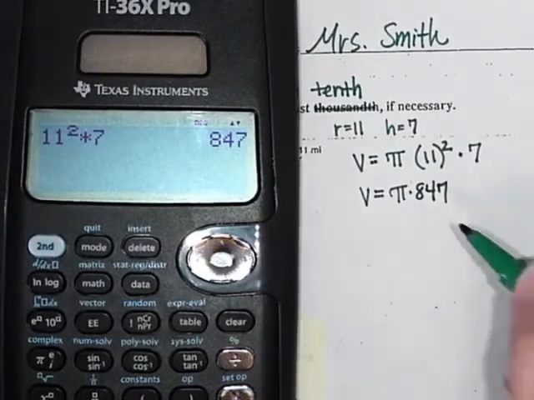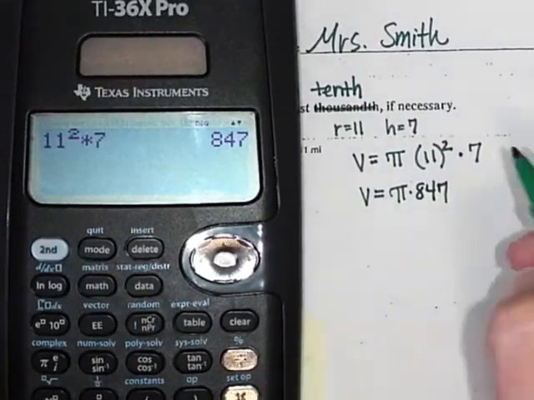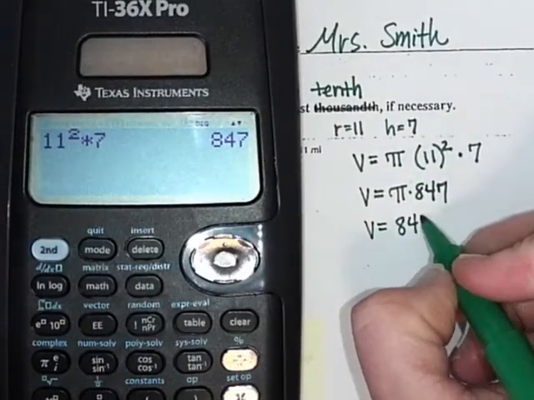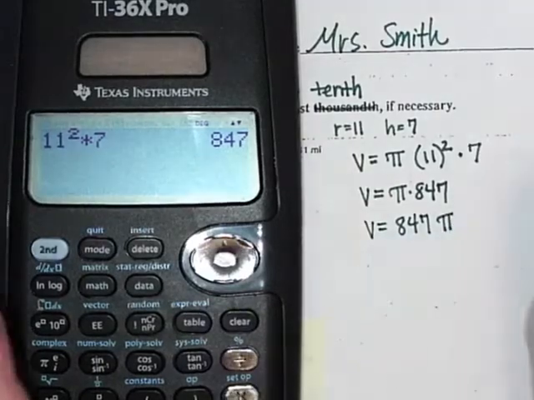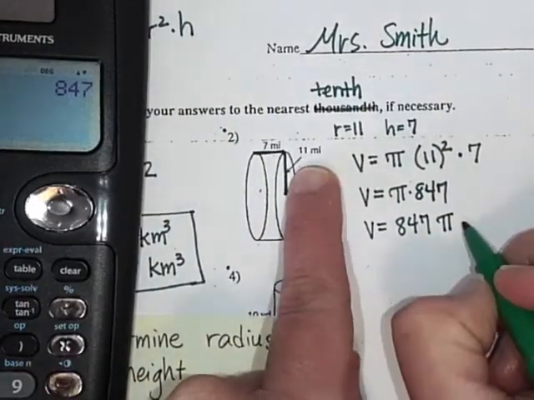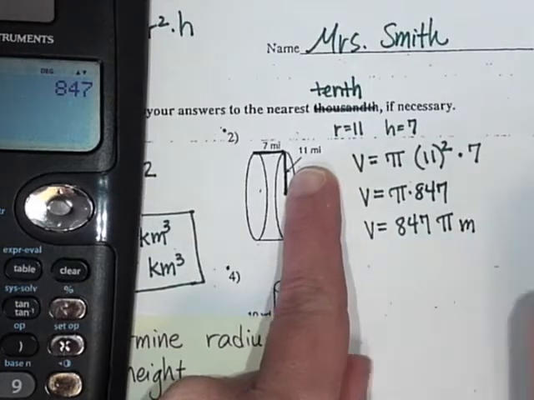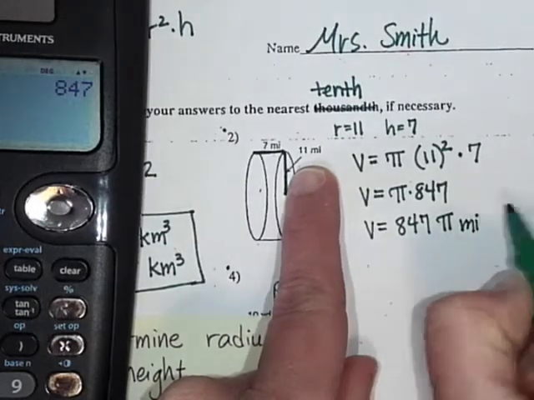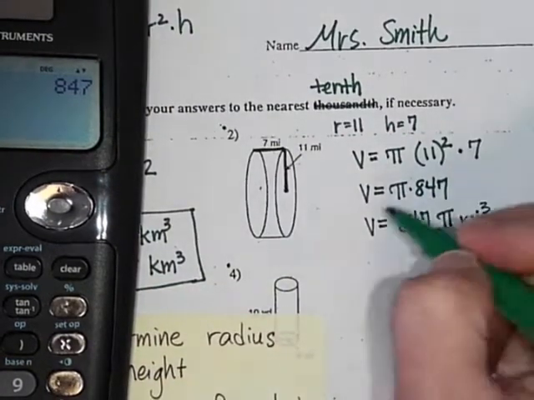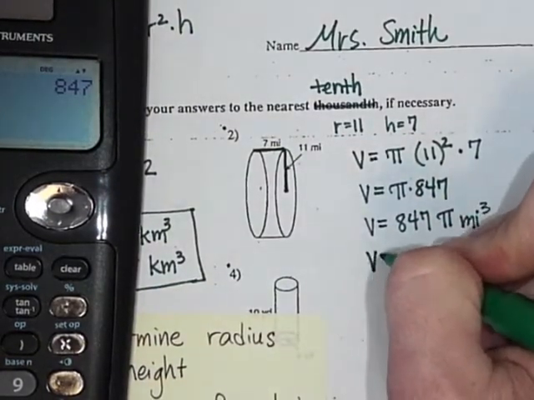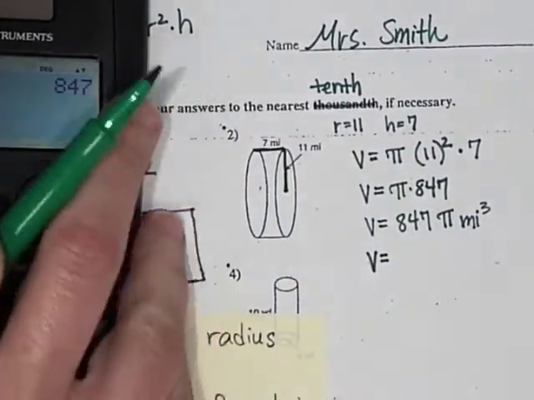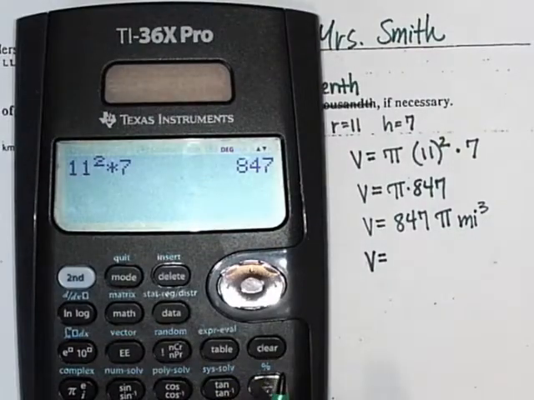And like I mentioned before, we really like to flip that around so that the number is first. So let's do volume equals 847 pi. And let's figure out what our units were. Looks like it was miles. My, that's a big cylinder. So 847 pi miles cubed. Okay, and then do we remember what that last step is? We are going to multiply 847 by pi using the pi button so that we can get a number for this.